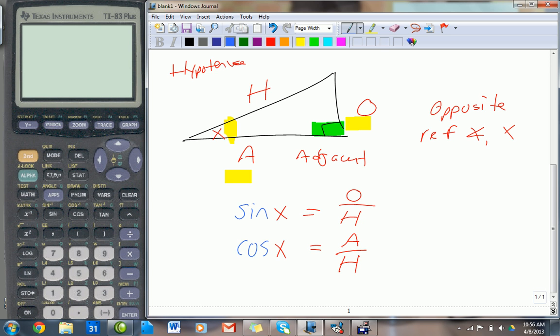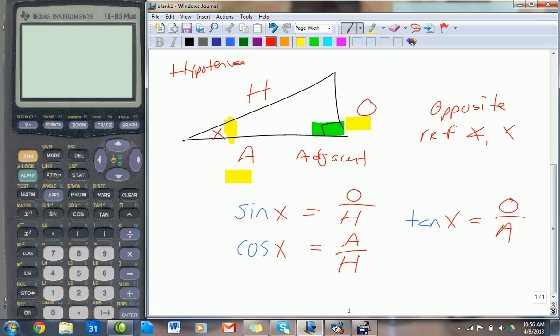The third relationship is called the tangent, abbreviated tan. The tangent of the reference angle x is equal to the ratio of the opposite over the adjacent side. These are three very new functions to you, called trigonometric functions.